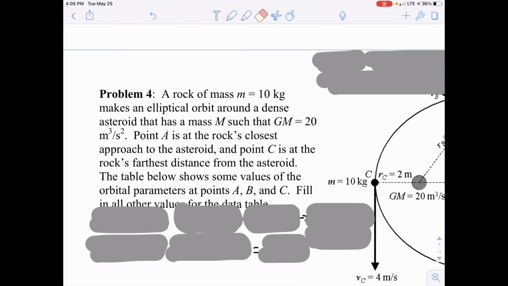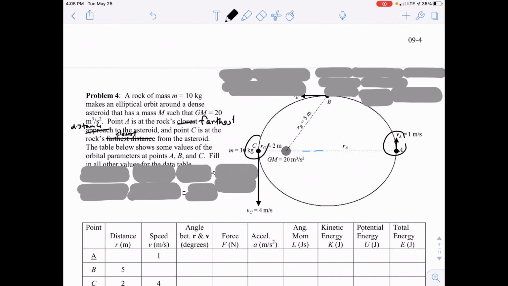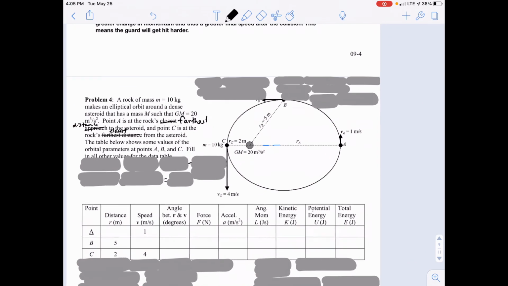Point A is the rock's farthest distance from the asteroid. Point C is the closest distance to the asteroid. We can see that in the diagram right here as the asteroid is located right here. The table shows some of the values for the orbital parameters at points A, B, and C. Fill out the other values in the data table.